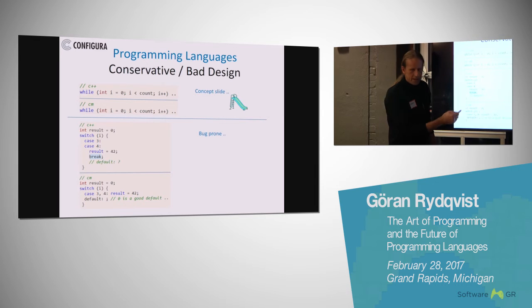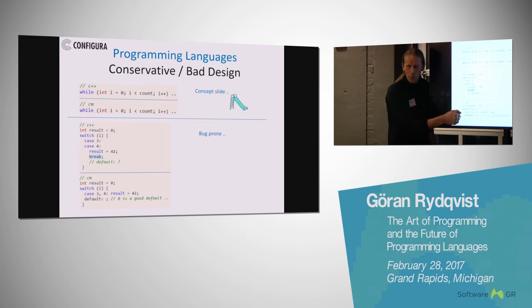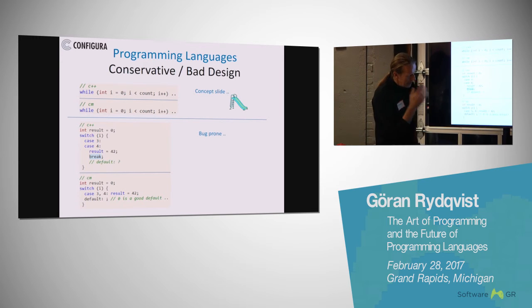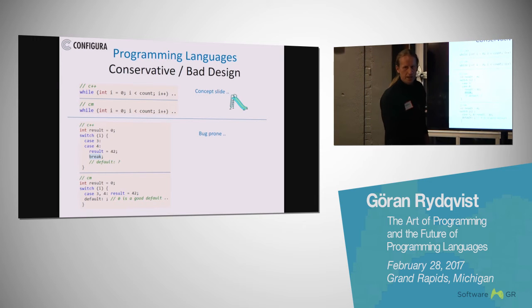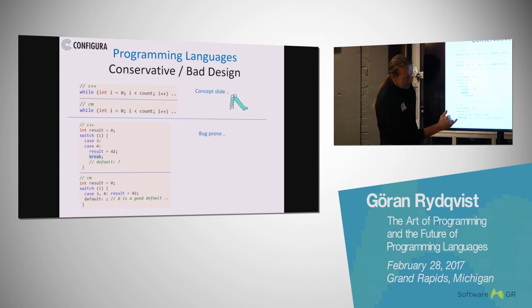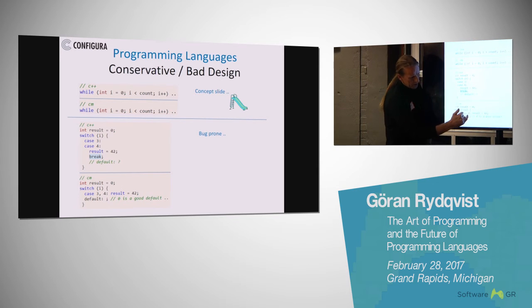So what I did in CM was to say switch i, and you can have enumerated cases like case 3, 4, or 3.5, whatever. And then result equals 42. So there's a statement here. The break is automatic, and if you need multiple statements, you do a block. Very, very easy. And the default that's generated by the system is throw a can't-happen exception.